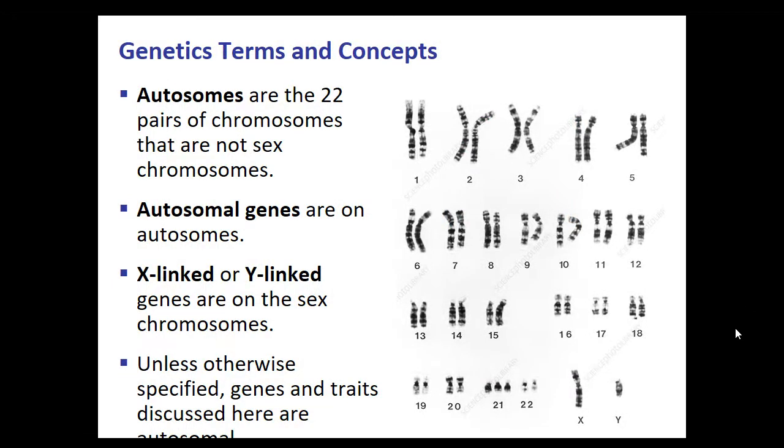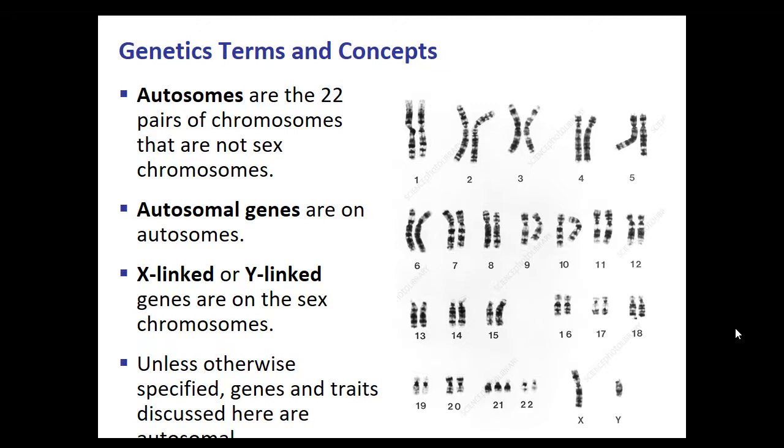Okay, I mentioned these words before briefly: autosome. Autosomes are just the chromosomes that are not the X and Y chromosomes. So the first 22 pairs of chromosomes we call autosomes or autosomal chromosomes. They're just the ones that are not the sex chromosomes.